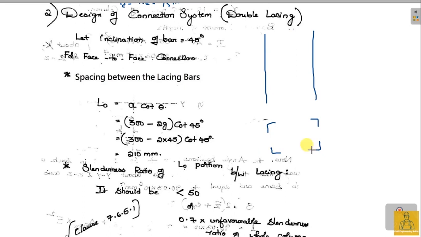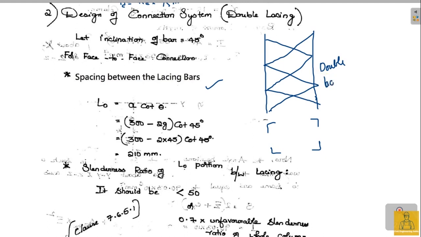Let me draw this. This is the elevation drawing and this is how the lacing system is. This is a single lacing system, but a double lacing system will be like this. This is a double lacing system.